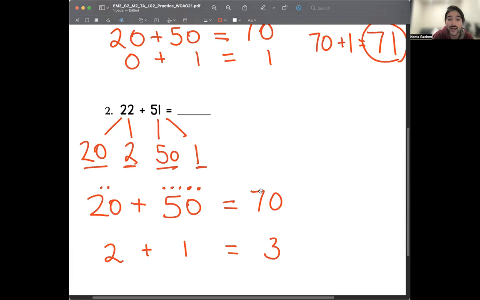I need to add my 2 answers together. So what is 70 plus 3? Yep, it's 73. So everyone, what is 22 plus 51 equal to? It's equal to 73, right?